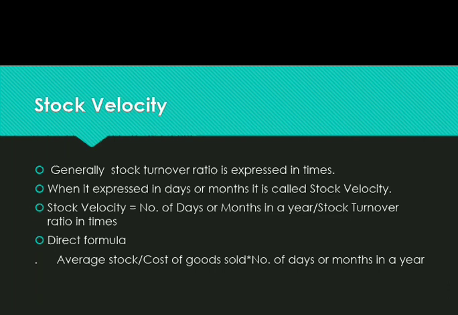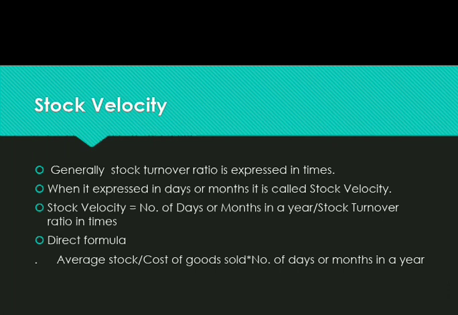Okay, and the next topic in this area is stock velocity. Generally, the stock turnover ratio is expressed in times. When it is expressed in days or months, it is called stock velocity. That is, stock velocity is the stock turnover ratio expressed in days or months. Therefore, the formula for calculating stock velocity is average stock divided by cost of goods sold, multiplied by the number of days or months in a year.